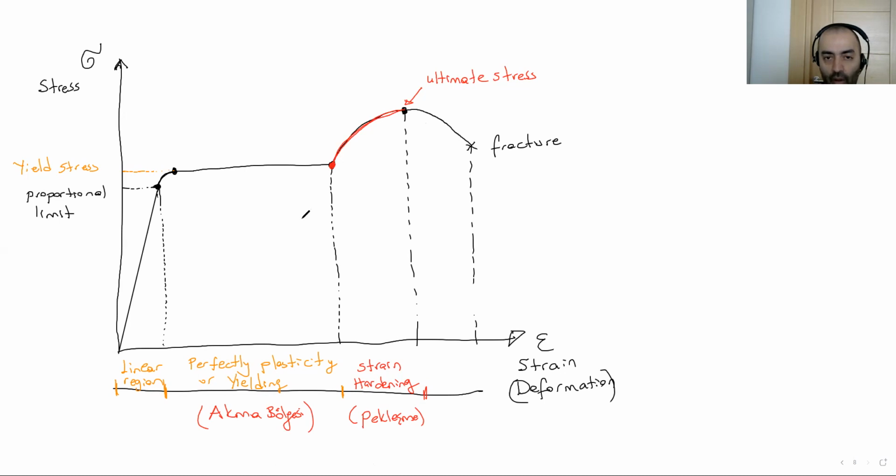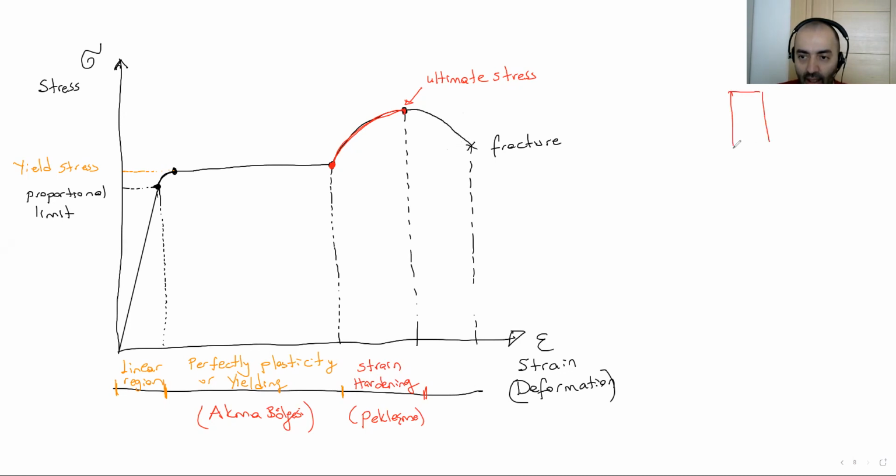Okay, after we pass the ultimate stress, what we see, our curve heads down. Stress is reduced here until the fracture point. This portion is where the necking occurs. Remember necking. What was the necking?